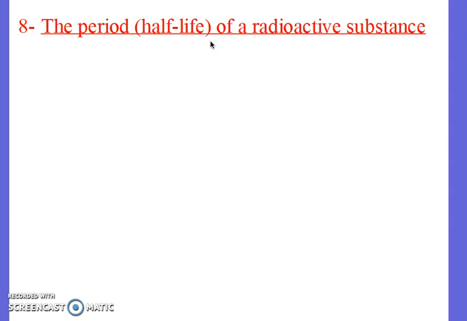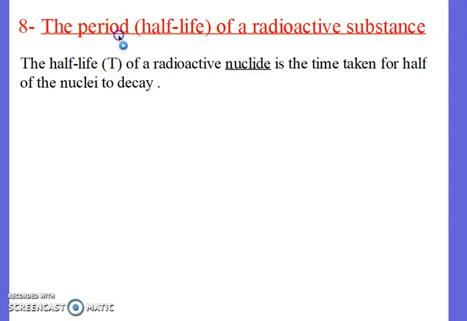Now the question is how long it takes for this number of nuclei to decay by half, means to remain 10 nuclei. Initially you have 20 X. I want to know the time for half to remain undecayed, means half of them decayed into nuclei Y. This is called the period or half-life, and we have to learn by heart this definition.